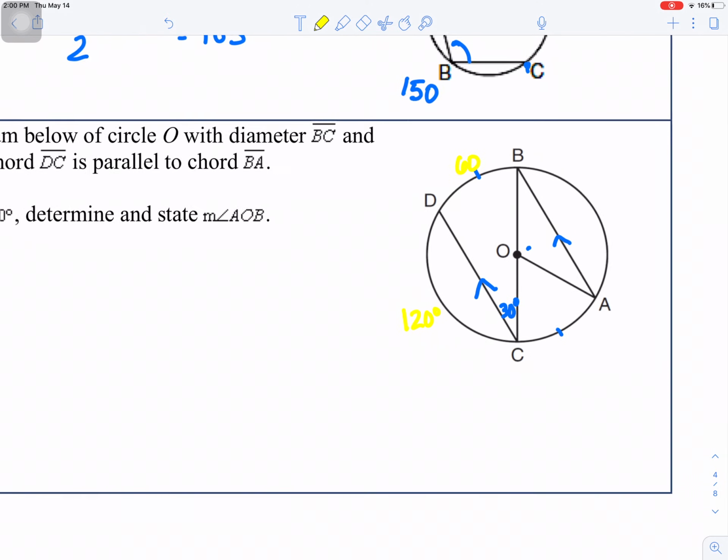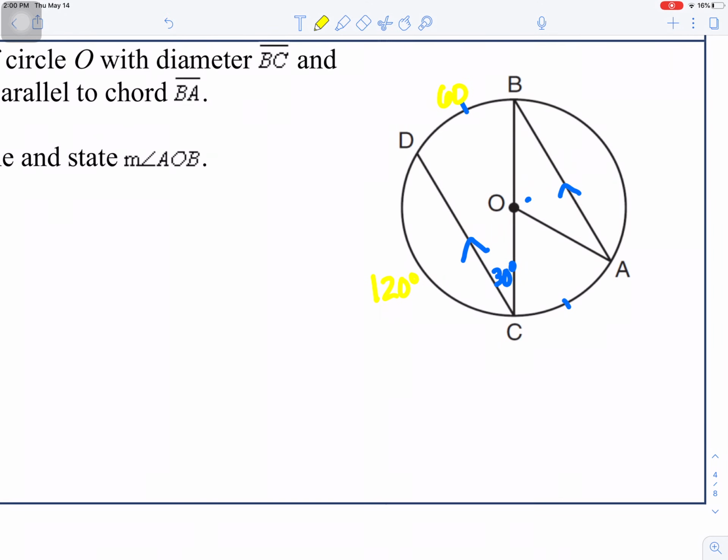I think you need to know the fact that these two arcs are equal, 60, making this one 120. So that gives me 360 going around. Is that 360? Yes.